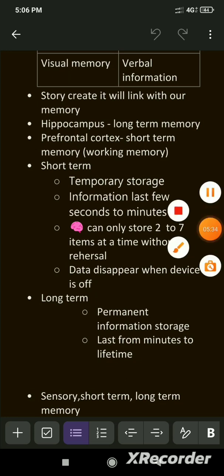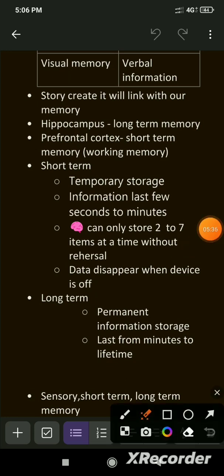Short-term memory is a temporary storage space, and the information lasts for a few seconds, or at most a minute. The brain can only store 2 to 7 items at a time without rehearsal.